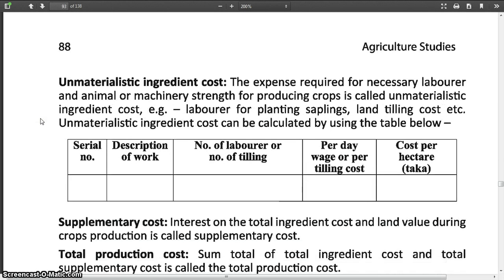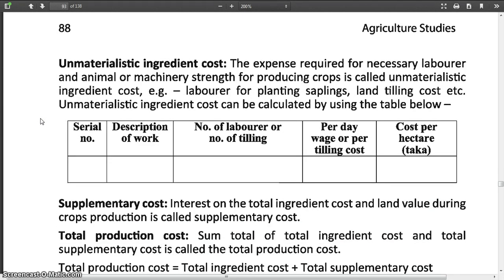Now, unmaterialistic ingredient cost. The expense required for necessary labor and animal or machinery strength for producing crops is called unmaterialistic ingredient cost.